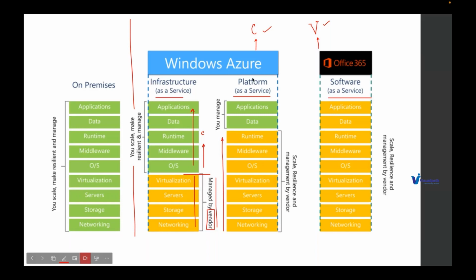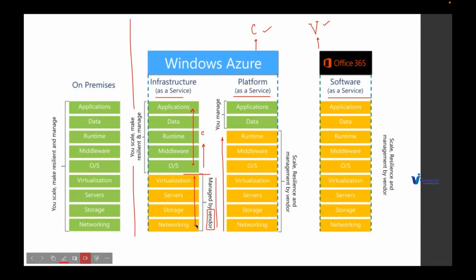Take infrastructure as a service, Toyota for example. Now I want to host my applications, so I choose Microsoft Azure. I am the customer for Microsoft, and Microsoft is a vendor for me, providing their infrastructure to host my application. Let's say I'm a Toyota company owner or the IT manager.